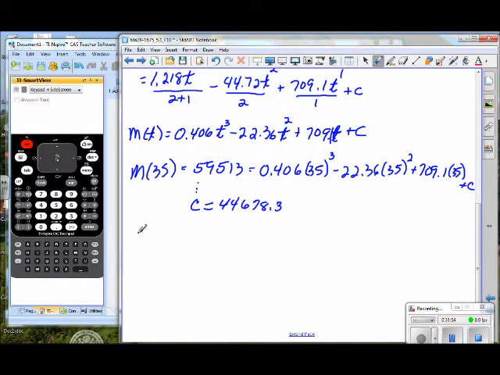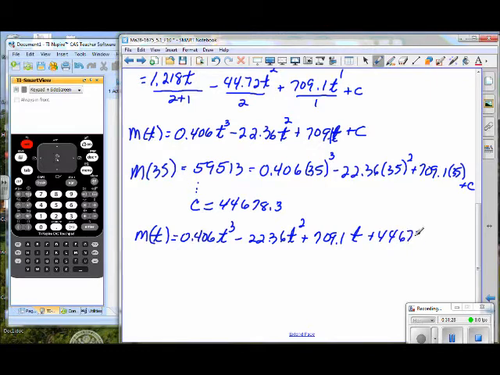44,678.3. So our function is m of t equals 0.406 t cubed minus 22.36 t squared plus 709.1 t plus 44,678.3.